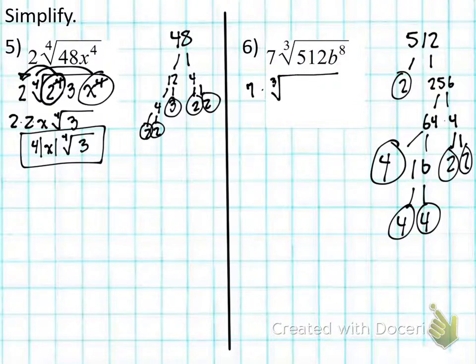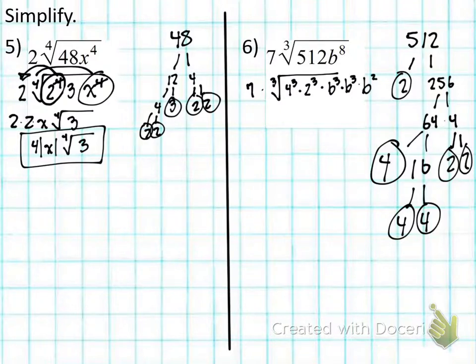We got 4 to the 3rd times 2 to the 3rd times, is there anything left over? No, that's it. Times b to the 8th. Now, I want it in groups of 3, so I could divide 8 b's into 2 groups of 3, so it could be b cubed times b cubed times b squared.